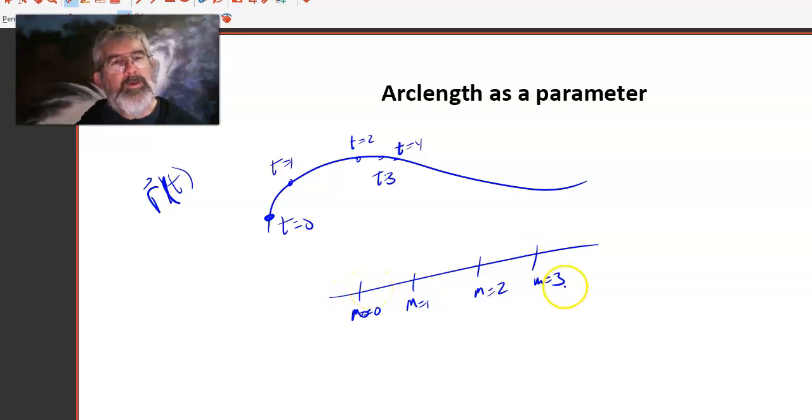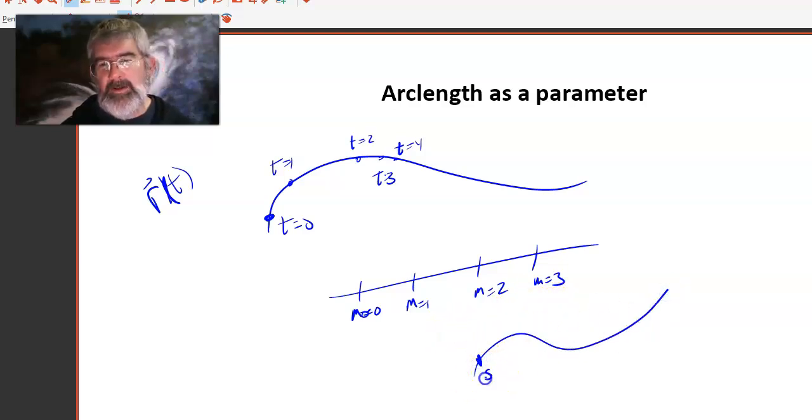Okay? And so if I can parameterize a curve by arc length, so I've got some curve and I say, well, this is my starting point, and when I pick a measurement, am I measuring in feet and inches and miles and angstroms? What am I doing?